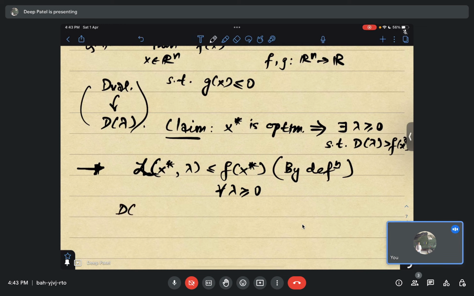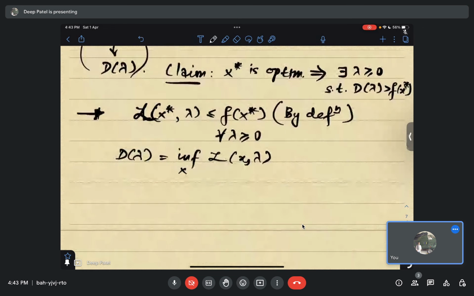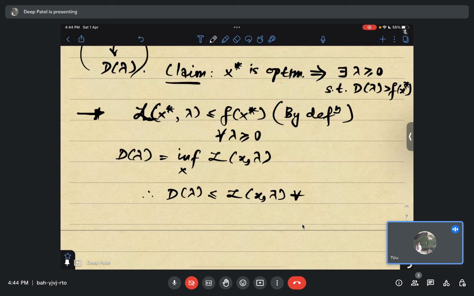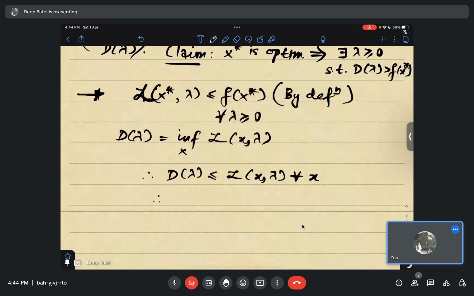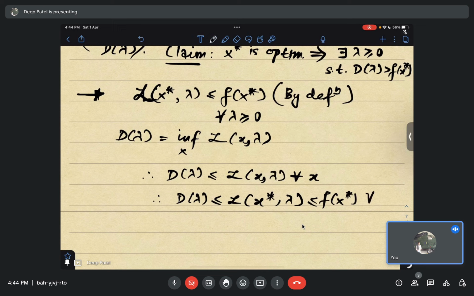And d of lambda is the infimum over x of the Lagrangian, right? So d of lambda is less than or equal to L(x, lambda) for all x. That means d of lambda is less than or equal to L(x star, lambda), which is less than or equal to f of x star for all lambda greater than or equal to 0. So the claim is false, clearly.